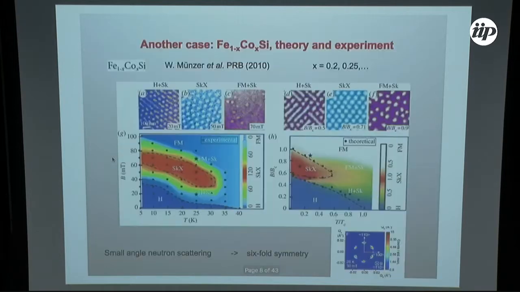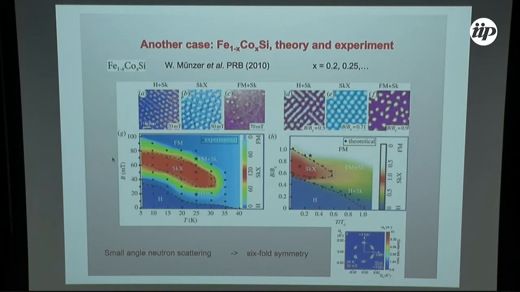Let's go further. There are many others nowadays; these were the first two, at least that I have met in the literature. These authors studied this material for different ratios of iron, copper and cobalt, and they observed this kind of phase diagram. This is again magnetic field versus temperature.